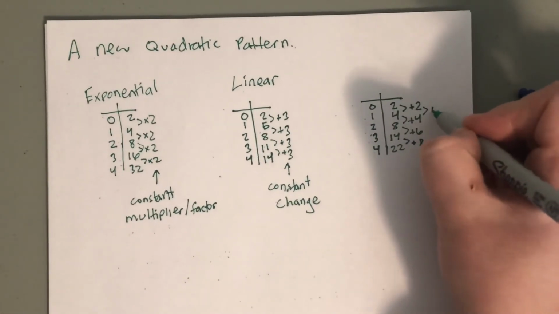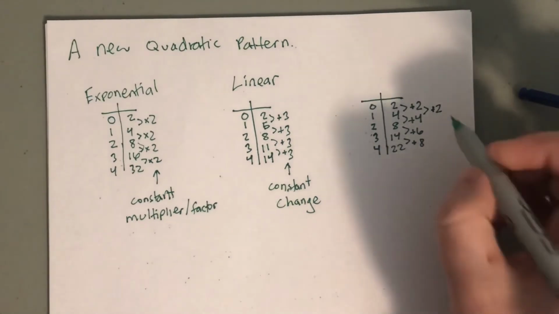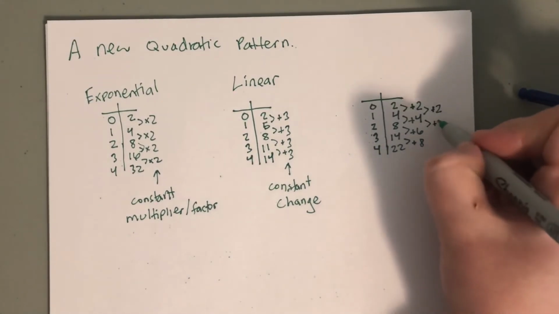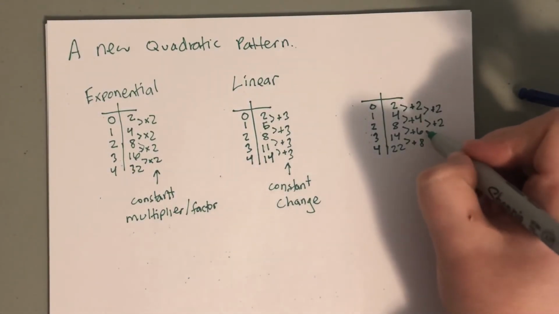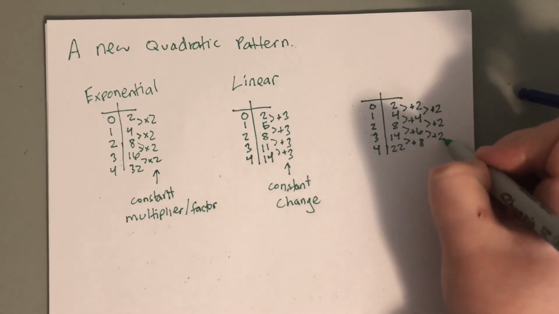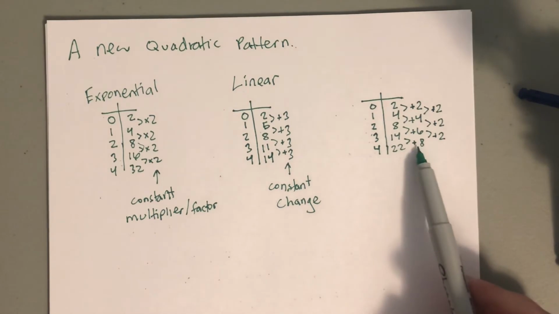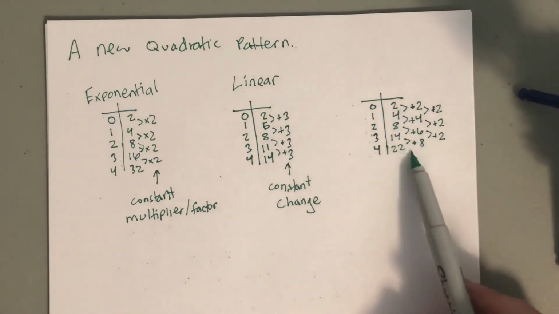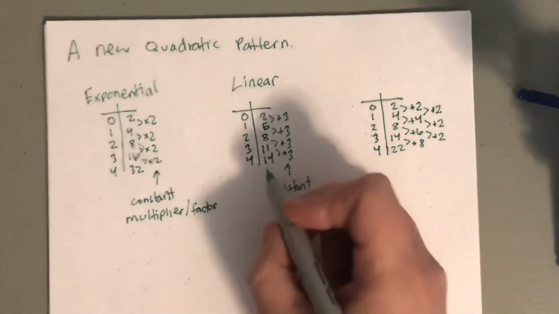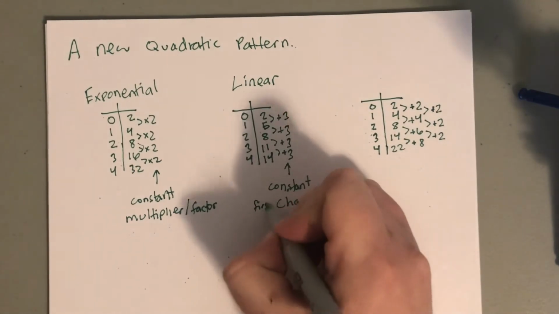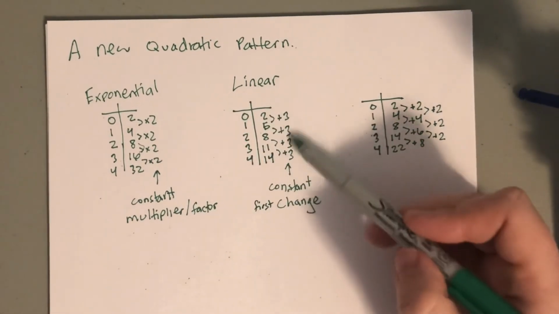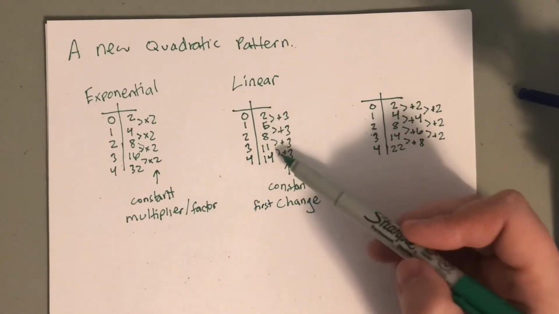So 2 plus 2 more is 4. Plus 2 more gives us this 6, plus 2 more is 8. So we're going to call this the first change. It's like the first time we find the changes. Over here, this is really the constant first change because it's the first time we saw how these numbers are changing.